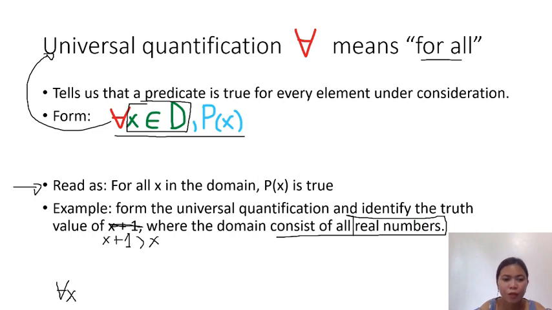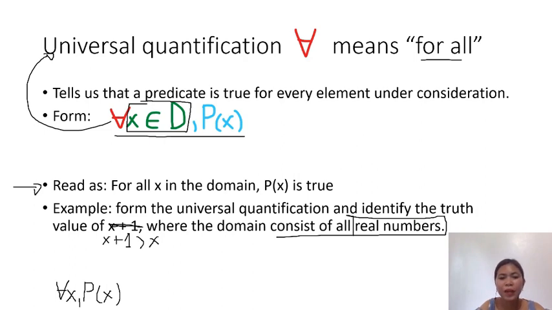Therefore, we can conclude that our universal quantification for this example is for all x in the domain of real numbers, P of x. Yan ang form ng example na to.